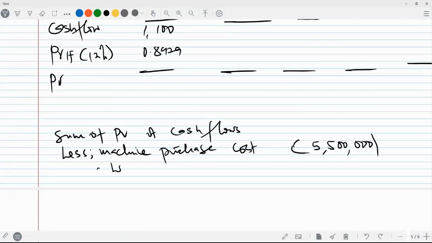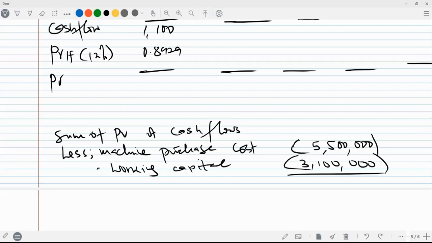You also need to deduct the working capital, the 3.1 million. That gives us the NPV. Okay, so do it. And of course, we advise the company based on the NPV that we get.